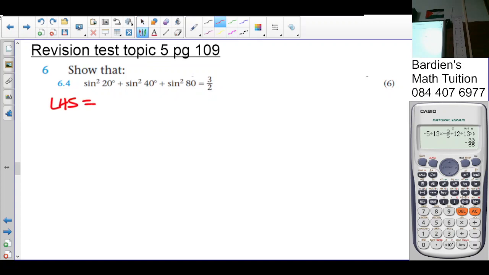So what I do is I take sine 40. 40 can be written in terms of an angle of 20, as a double angle, so it's going to be sine squared of 2 times 20, plus, now this here I'm going to also try and write in terms of 20.